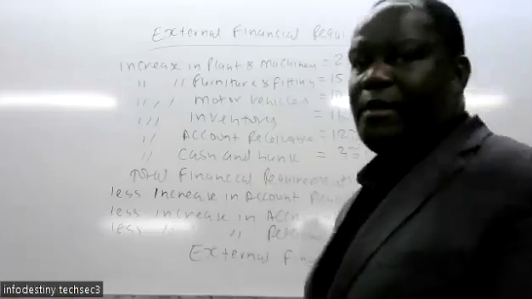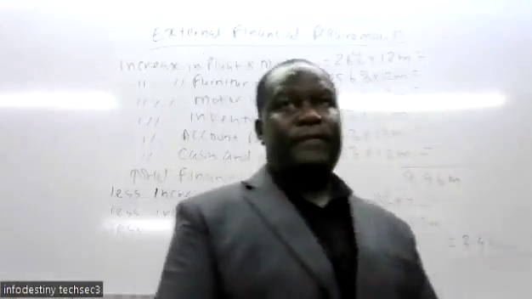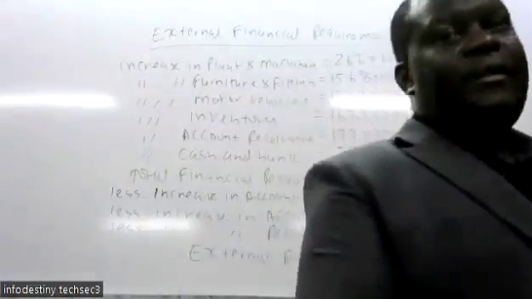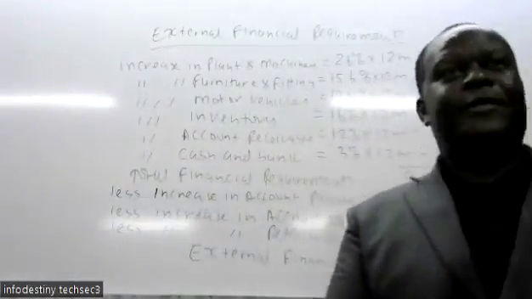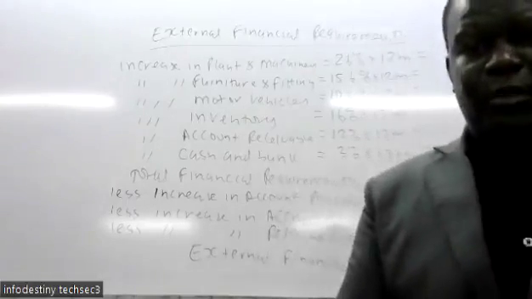So that you get now the external financial requirements. It has given you which figure? 3 million. So that is your Roman letter 1.